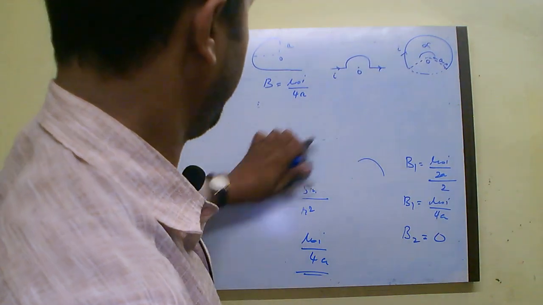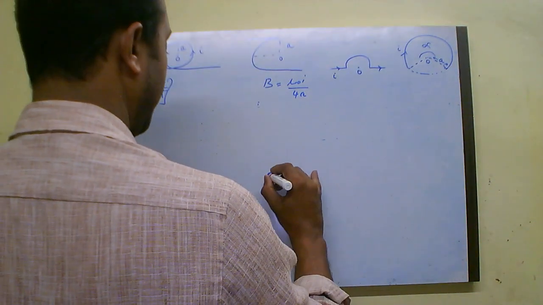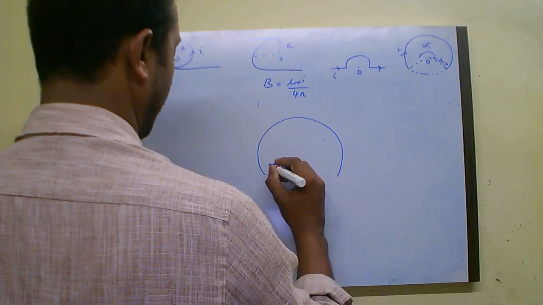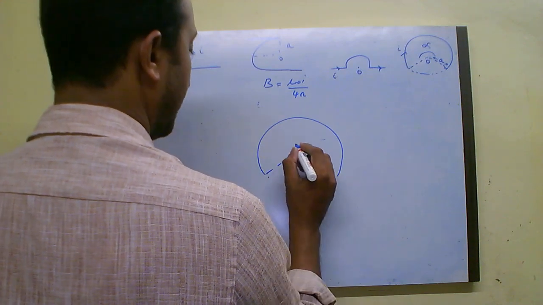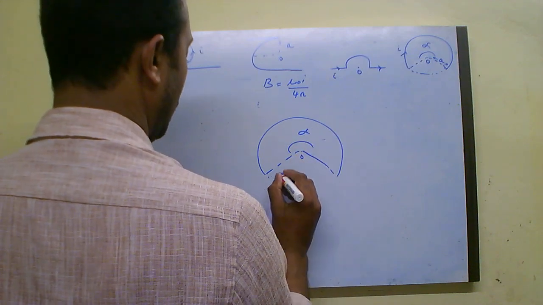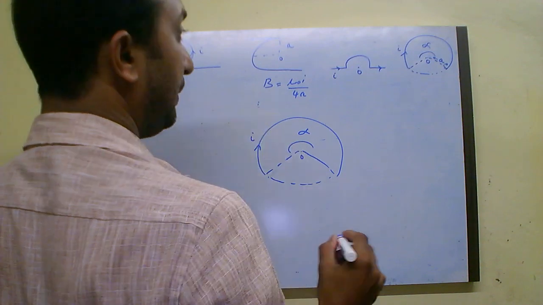Now check this figure. You have a conductor which makes an angle of alpha, and this is the point O, through which a current I is flowing.